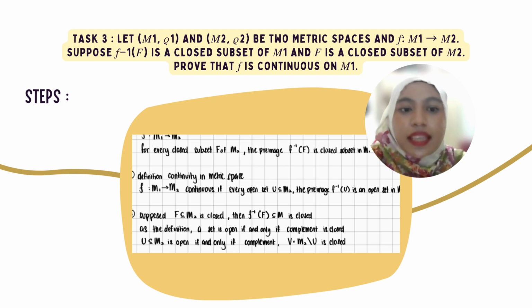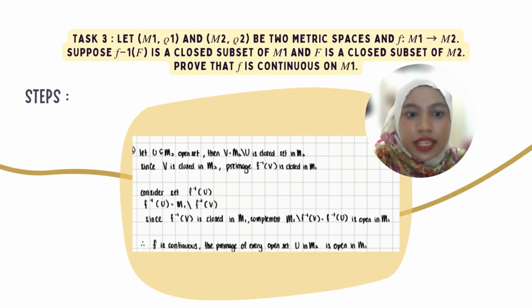The second step is suppose that F subset of M2 is closed, then f^-1(F) is closed too. By definition, a set is open if and only if its complement is closed. Here, we say that U subset of M2 is open if and only if its complement, V equal to M2 minus U, is closed.